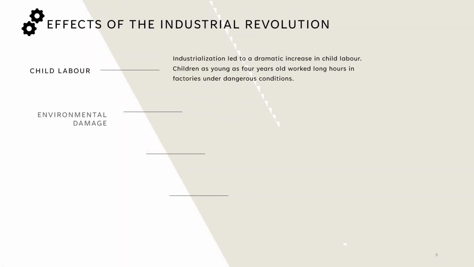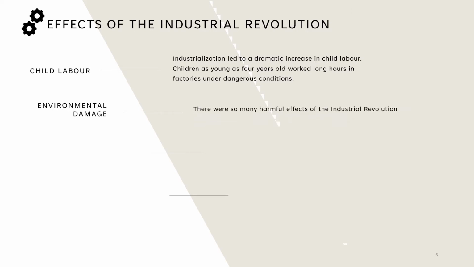The second thing we see here is the environmental damage. The use of chemicals and fuel in factories resulted in increased air and water pollution and an increased use of fossil fuels. Moreover, with the erosion of buildings on a massive scale, this resulted in a massive destruction of flora and fauna.